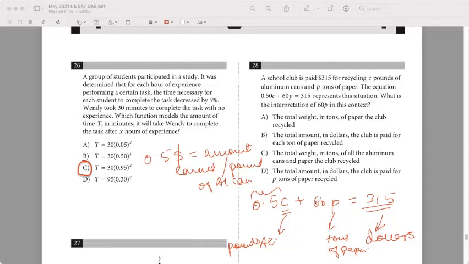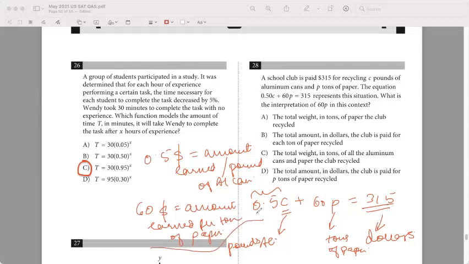Similarly, $60 is the amount earned per ton of paper, which is why 60P is the total amount earned for paper.